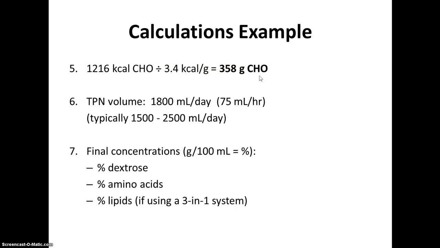And then we need to calculate a TPN volume, and typically you can go with a rule of thumb of 1 milliliter of fluid or TPN volume for every kilocalorie that you're going to be providing in that TPN bag. Our patient was 2,100 calories, so a 2,100 ml bag would have been adequate.